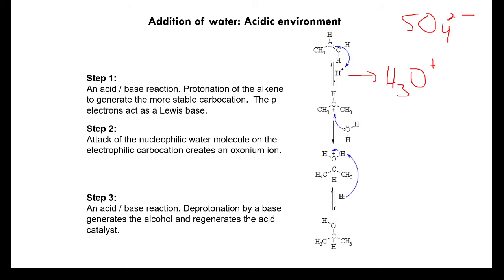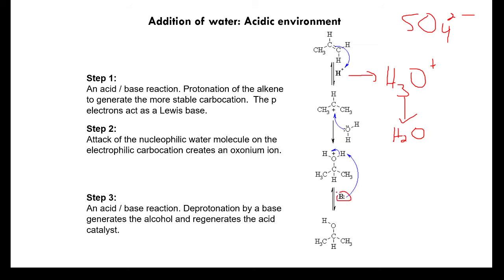Once that hydrogen attaches and gives us the carbocation, this becomes essentially water. This water is now free to attack our carbon. The water attacks the carbon. Water doesn't like to have 3 bonds, so my hydrogen leaves by my base.